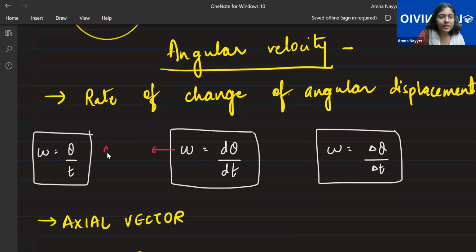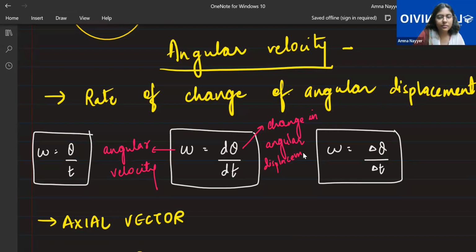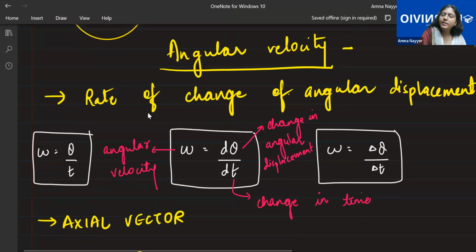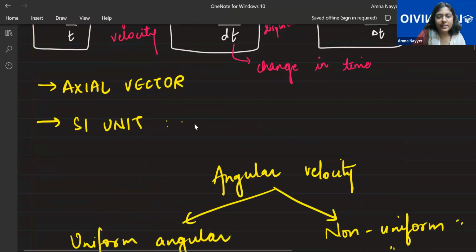Omega is the angular velocity, theta is the change in angular displacement, and t is the change in time. So this is also an axial vector. SI unit: the radian getting divided by time, so radian per second.